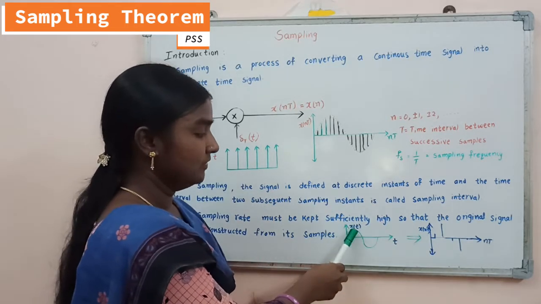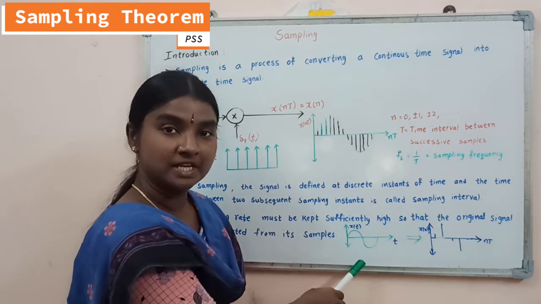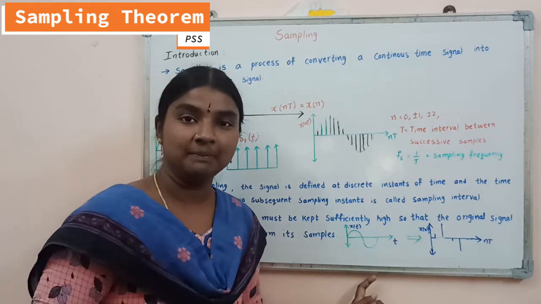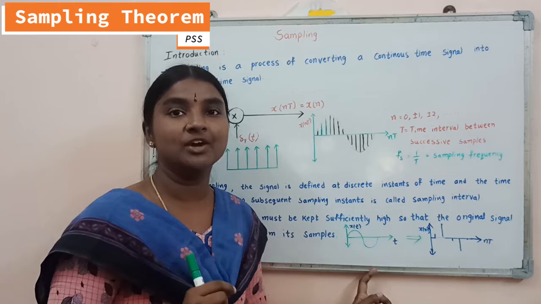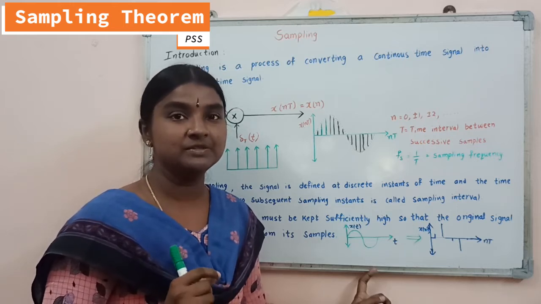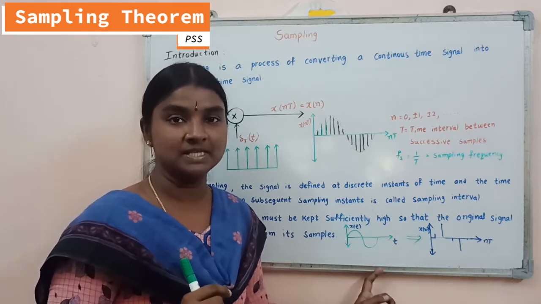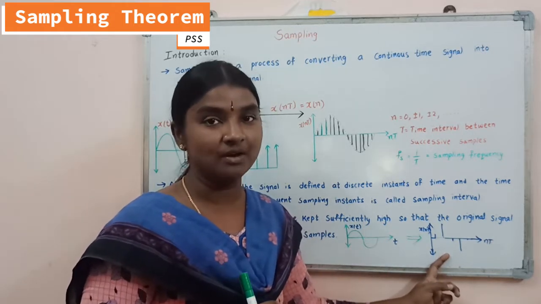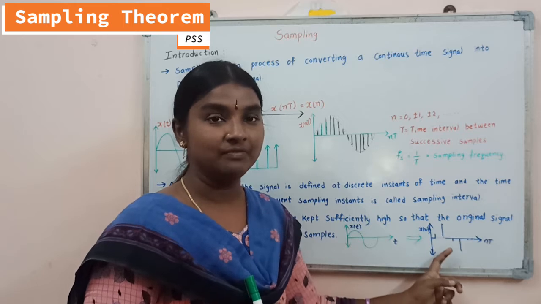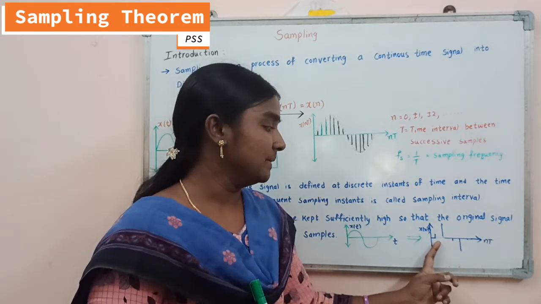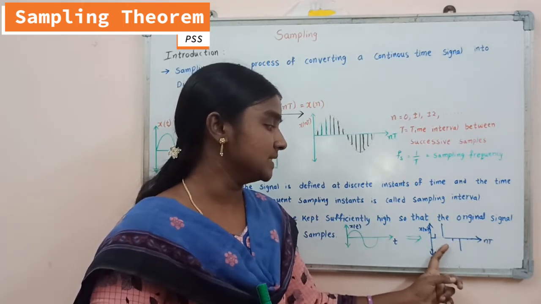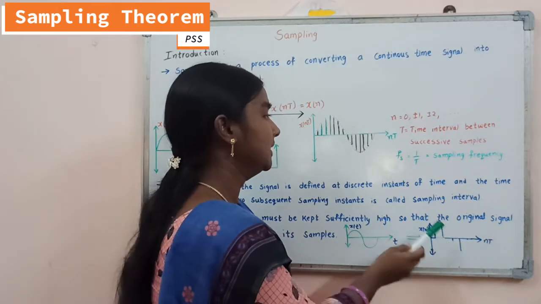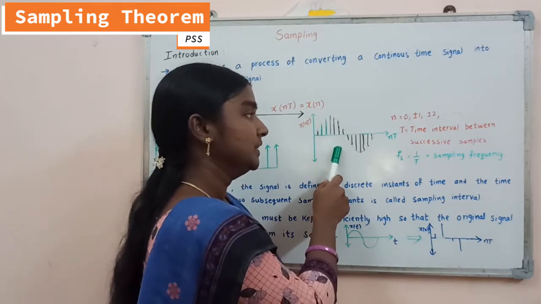Here, x of t is a continuous time domain sinusoidal signal. If we multiply this signal with a periodic impulse train, that means we are doing the sampling process, and after that we obtain a discrete time domain signal x of nT like this. If we see this figure, the time interval between two samples is very much more compared with the signal.